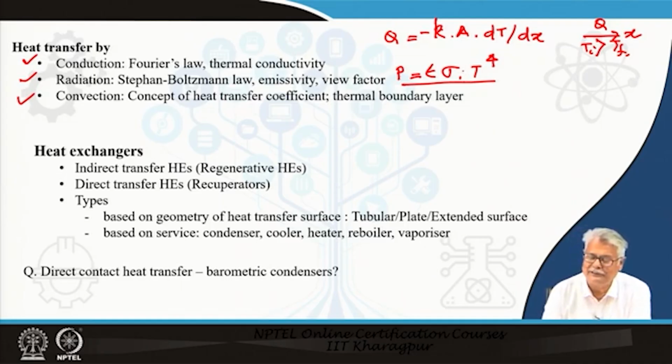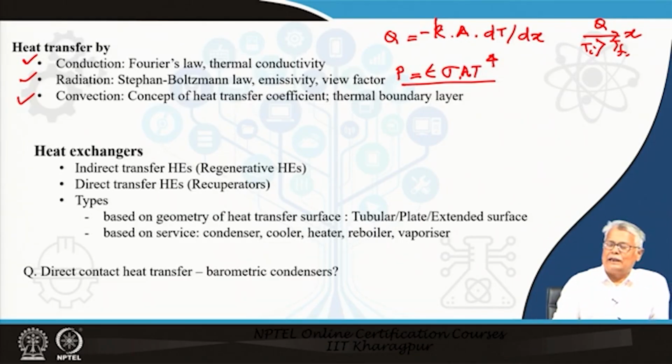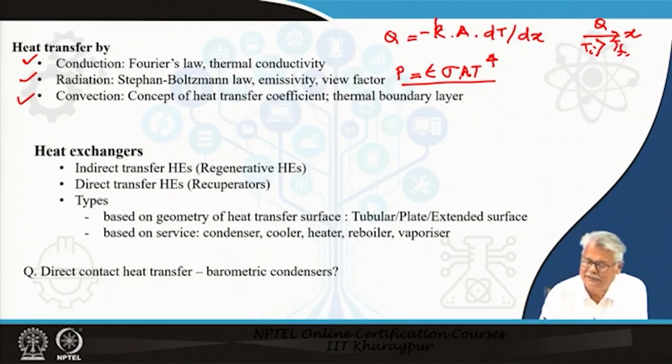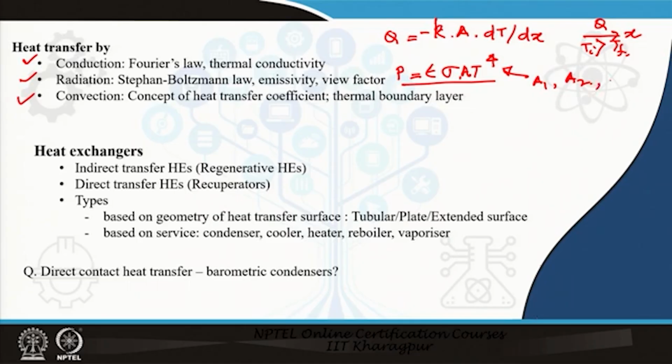And if I have the surface area, it is going to be multiplied by the surface area also. So, I could also write here the heat exchange between two surfaces with areas A1 and A2, and in that case we also need a view factor between surfaces 1 and 2, which is F12. You already have done this, so I am not going to repeat it here.